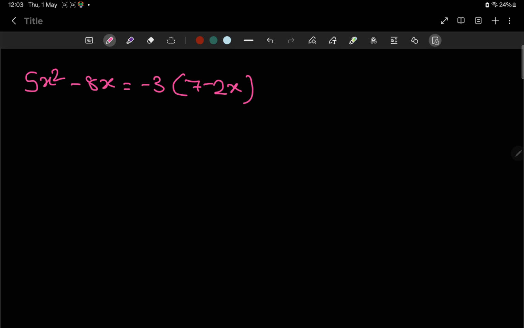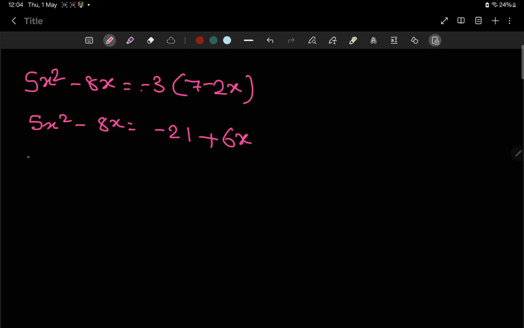How to find it? Let's see. It's 5x square minus 8x. Now simplify this. Minus 3 into 7 is minus 21. Now minus into minus is plus 3 into 2, that is 6x.